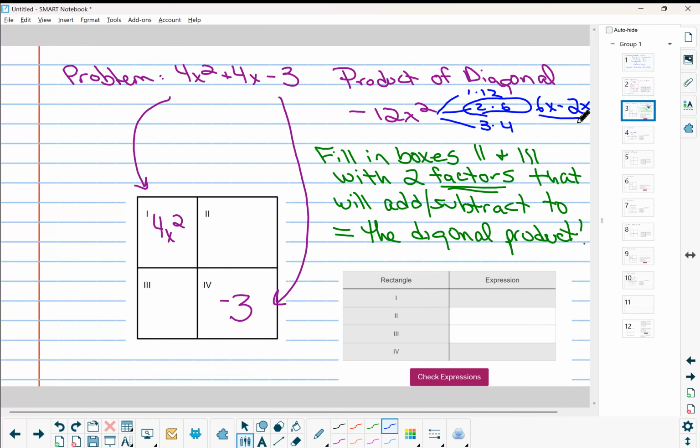So these are the two things that go into boxes 2 and 3. I'm going to put 6x up here and a minus 2x down here. Those also get transferred over into the table: 6x, negative 2x. There are these buttons down here.